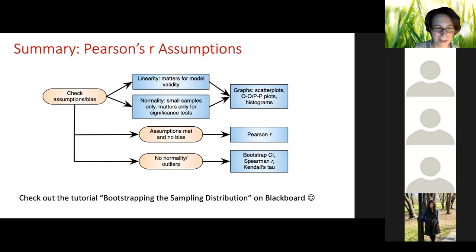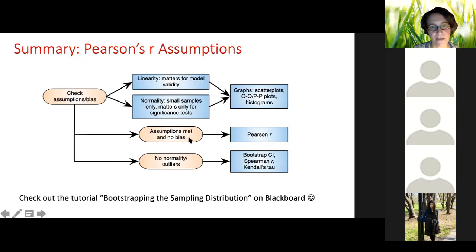Maybe a linear model is simply not valid if there's a curvilinear relationship between the two variables. We also have to worry about the normality assumption, especially for small samples, and if we want to calculate significance tests and confidence intervals.